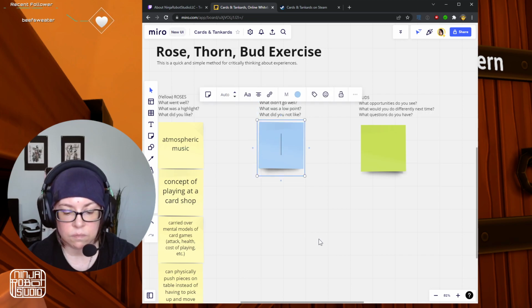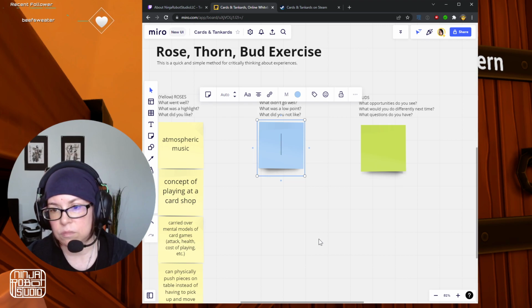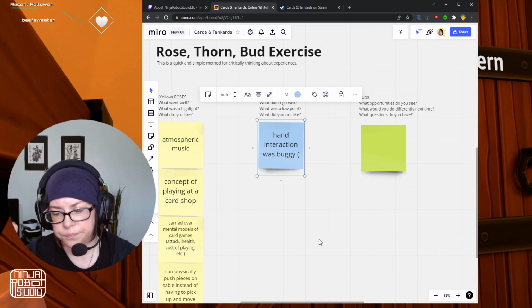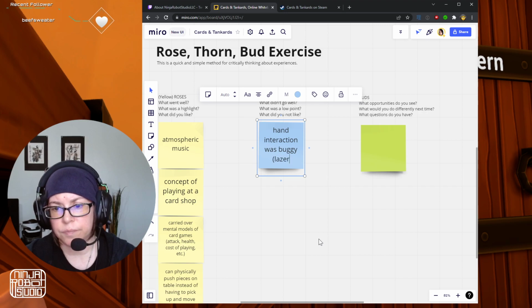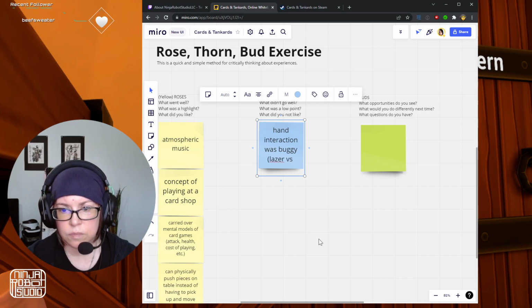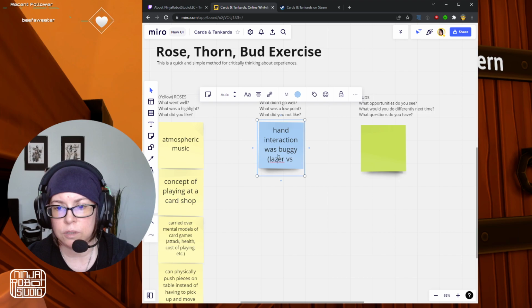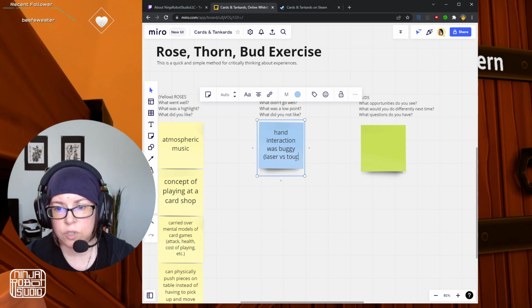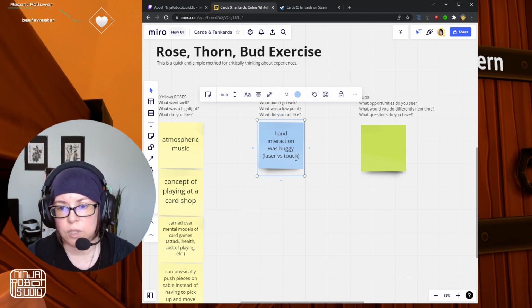Thorns. The hand interaction was buggy. The trigger, like that little laser versus the finger, laser versus touch, were competing with each other.